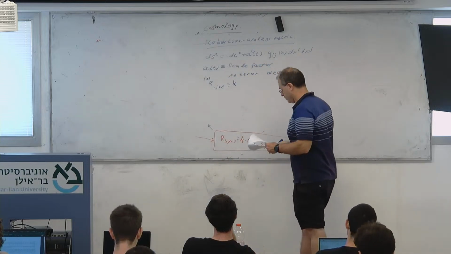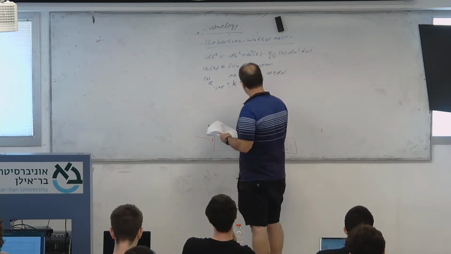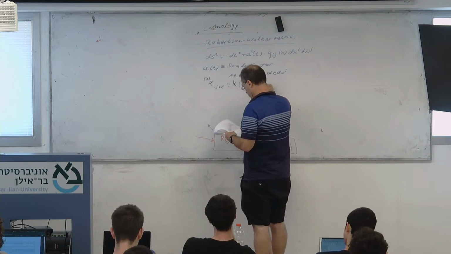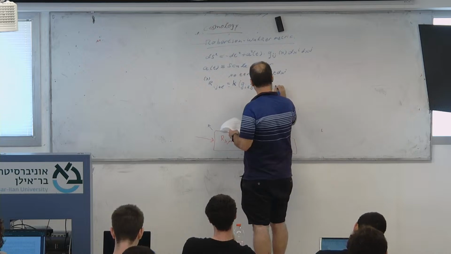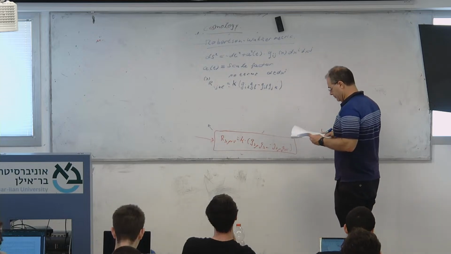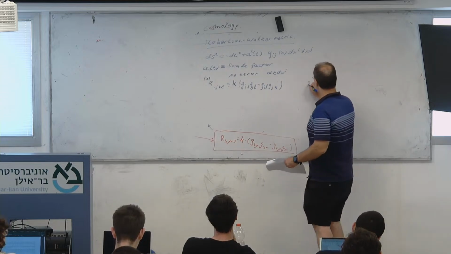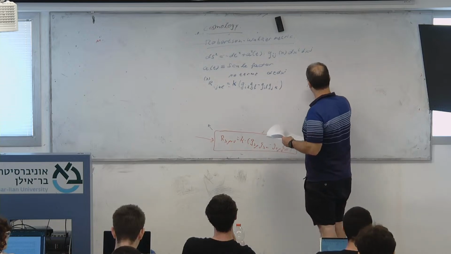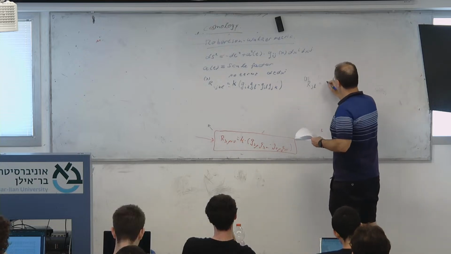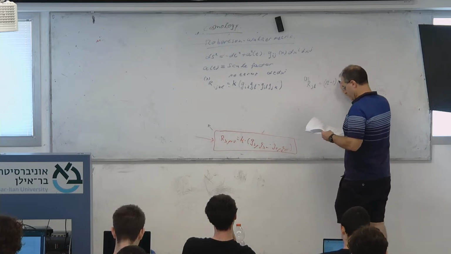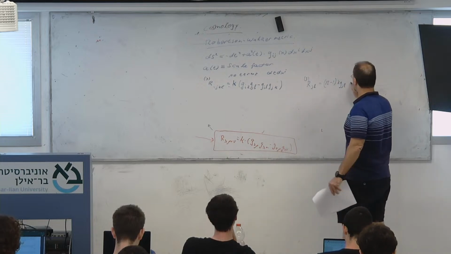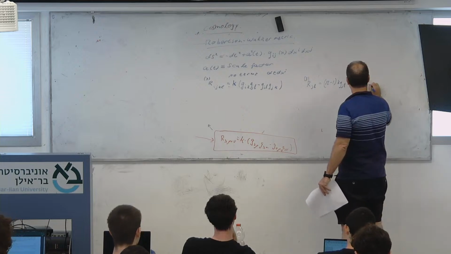Some constant, which I don't know what it is, times (g_ik g_jl minus g_il g_jk). And the Ricci tensor R_jl, in 3 dimensions, is what we just derived, (n minus 1) K g_jl. Since n is 3, this is equal to 2K g_jl.